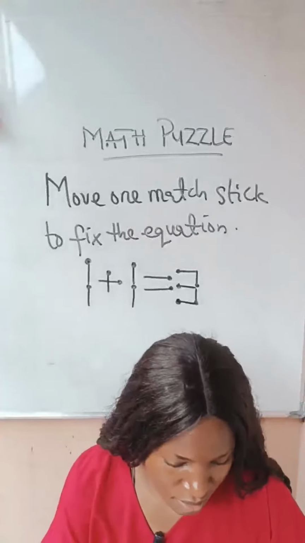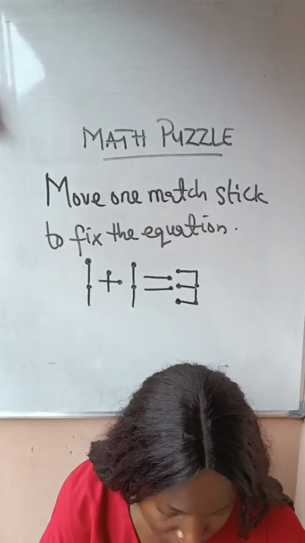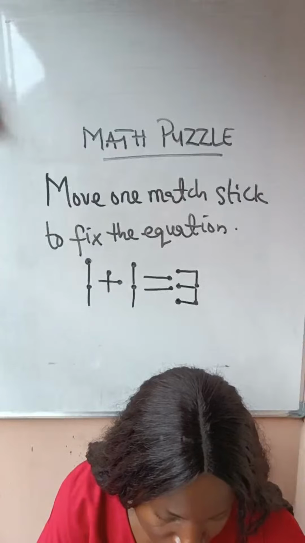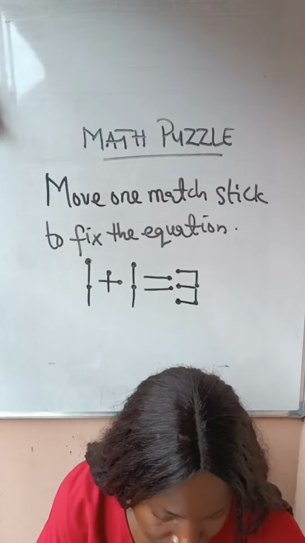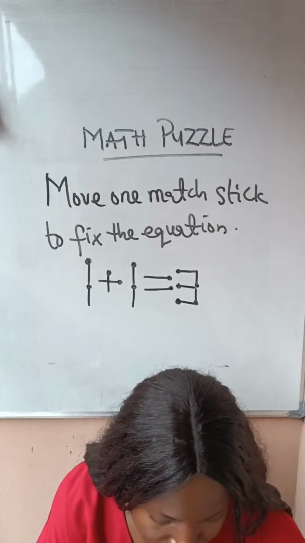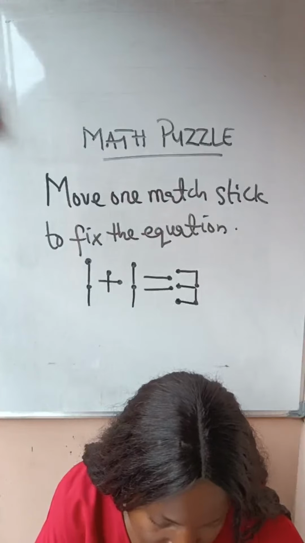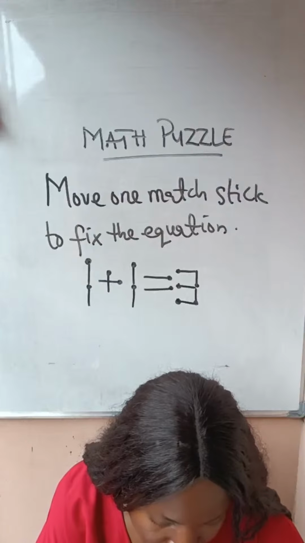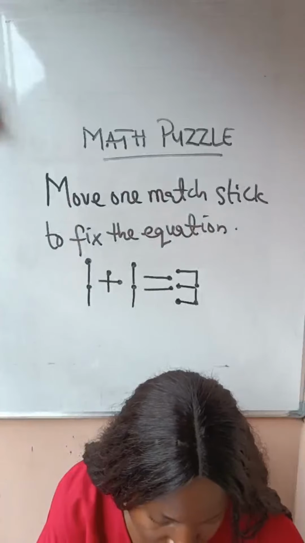So let me check. From the 3 to make 2. Bottom right matchstick to bottom left. Okay. The second stick from the right, 1 plus equals 2 is okay. Of 3 to 2.